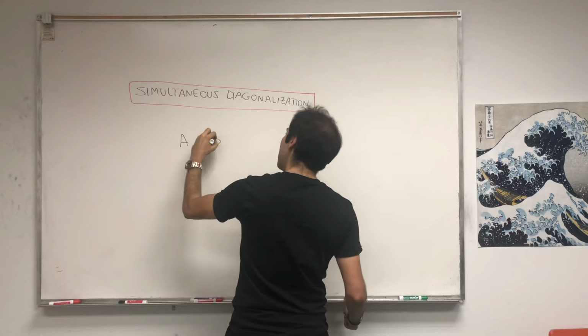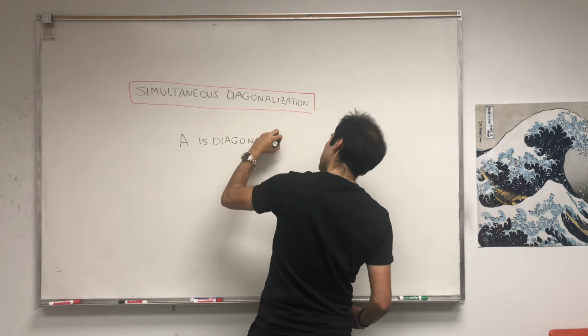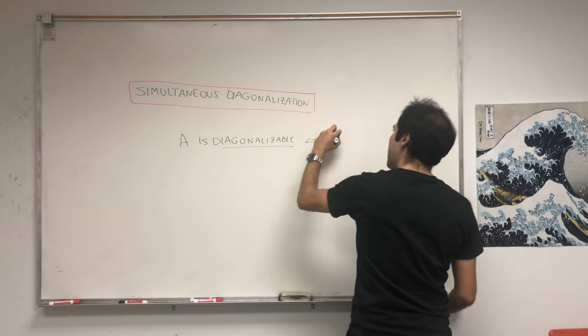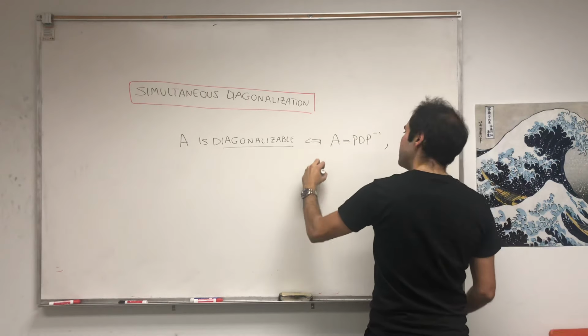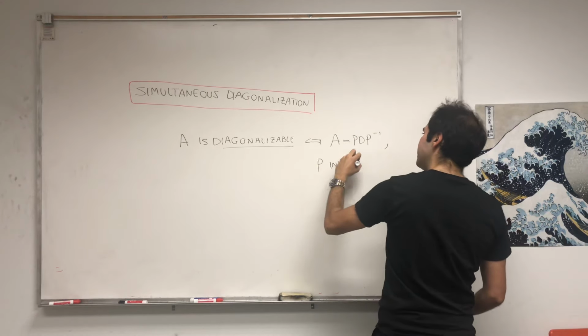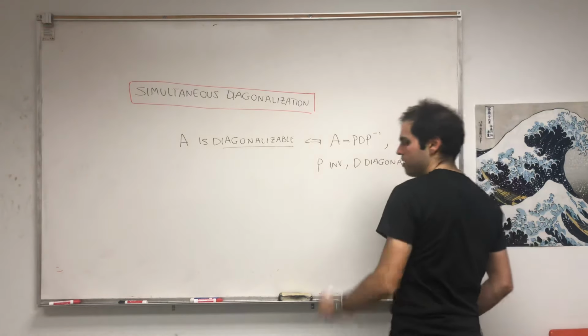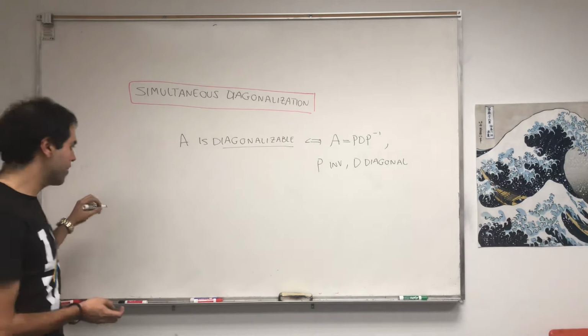A is diagonalizable if and only if you can write A as PDP inverse for P invertible and D diagonal. Now, what would it mean for two matrices to be diagonalizable?